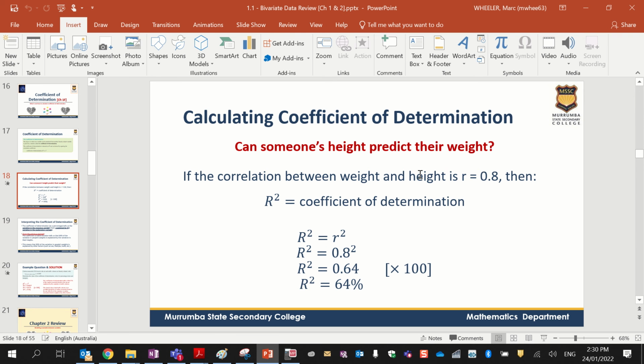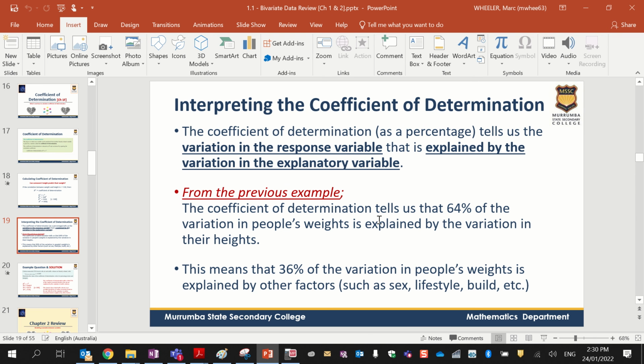Okay, so it tells us that 64% of the variation in people's weight is explained by the variation in their heights. Now, percentages always go to 100, so what's remaining is 36, which means that 36% of the variation in people's weights is explained by other factors. This could be sex, lifestyle, their build, etc.